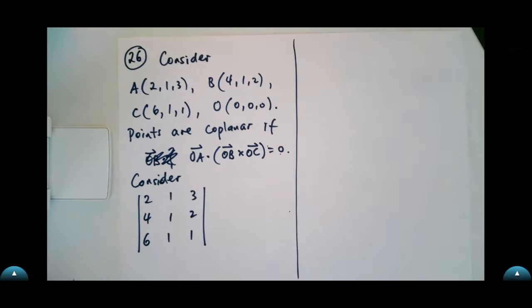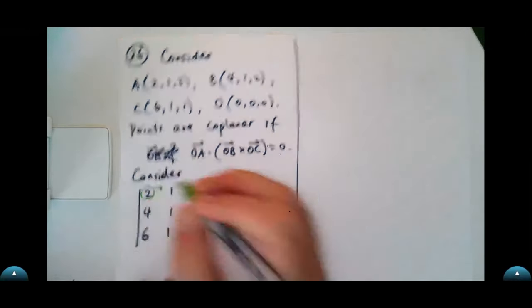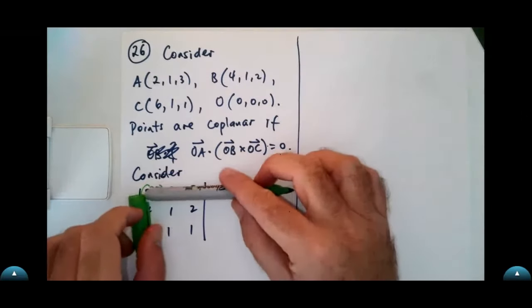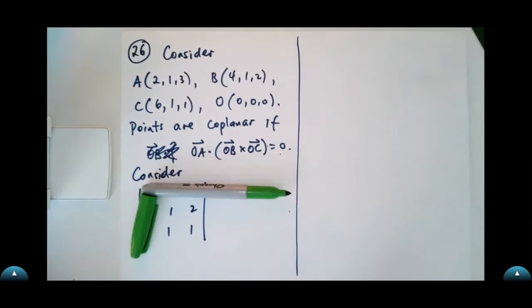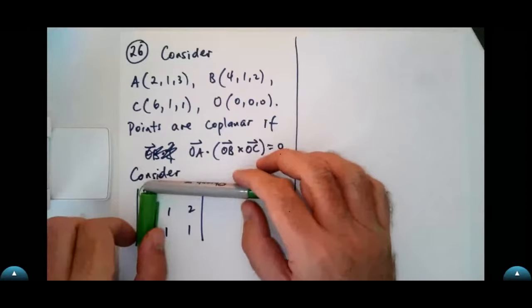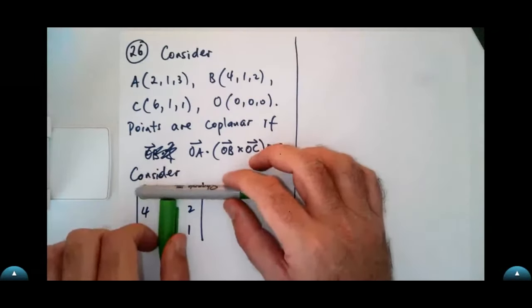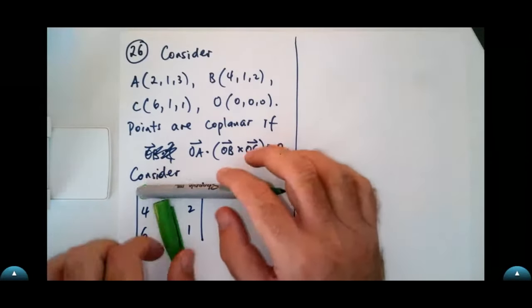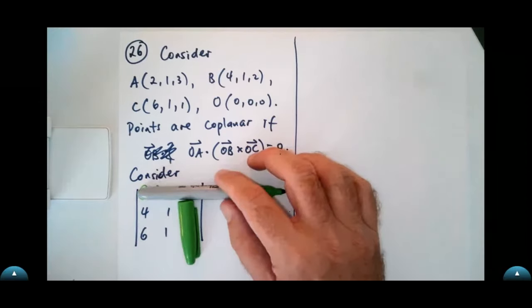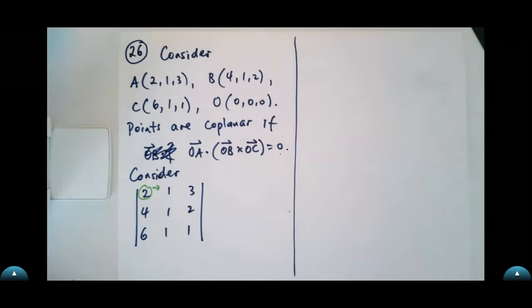Start at the top left-hand corner. Just do the cover-up game. Multiply 2 by the determinant of what's there. Then move on to the 1. Multiply 1 by what's there, and then 3 by what's there. And you change the sign. You alternate the sign as you go along.